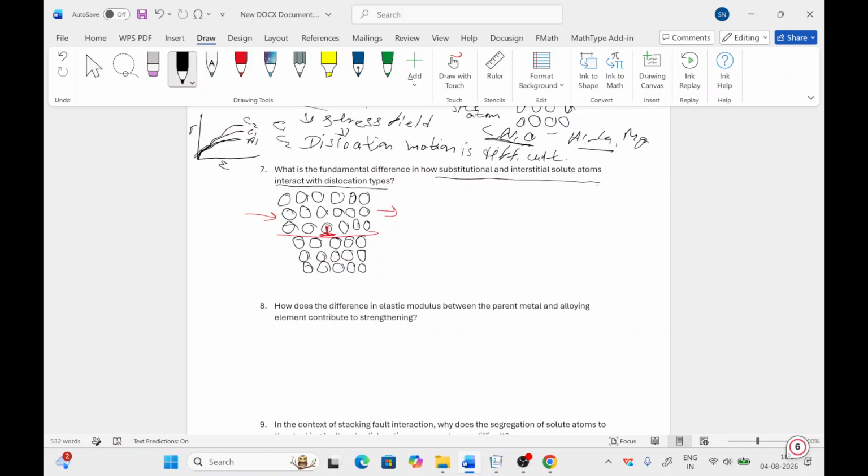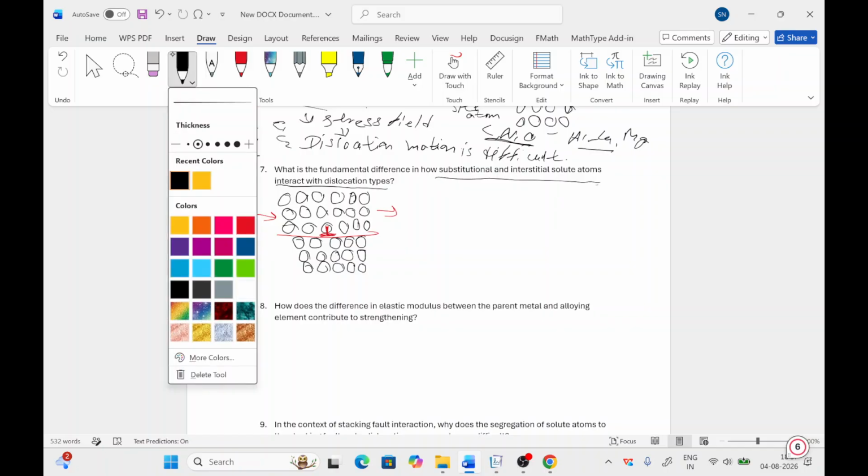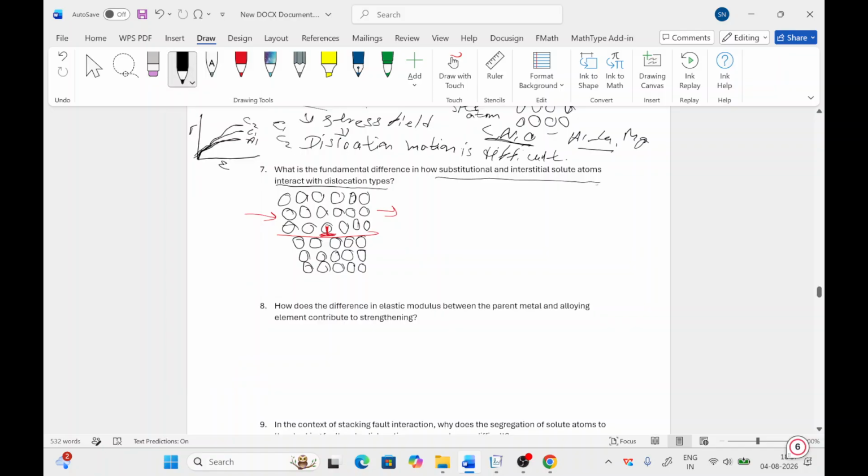So the substitutional atom can be of two types, depending on the radius of the substitutional atom. First we will talk about the stress field in the dislocation. We can see that the atoms are more in the half above the half plane, and the atoms are less in the bottom plane.